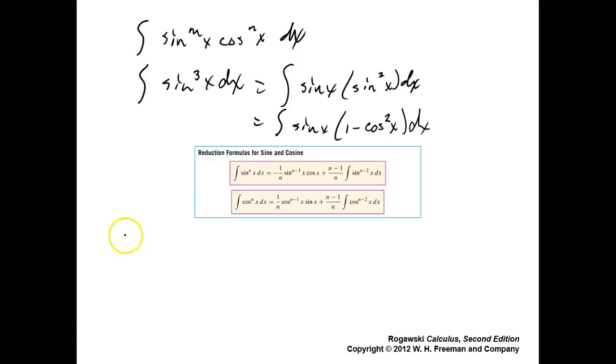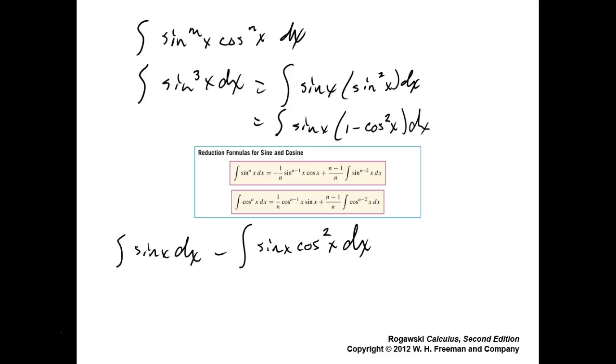Multiply through there, and you have the integral of sine x dx minus the integral of sine x cosine squared x dx. Distribute this: sine x minus sine x cosine squared x, and then just split them into two integrals.